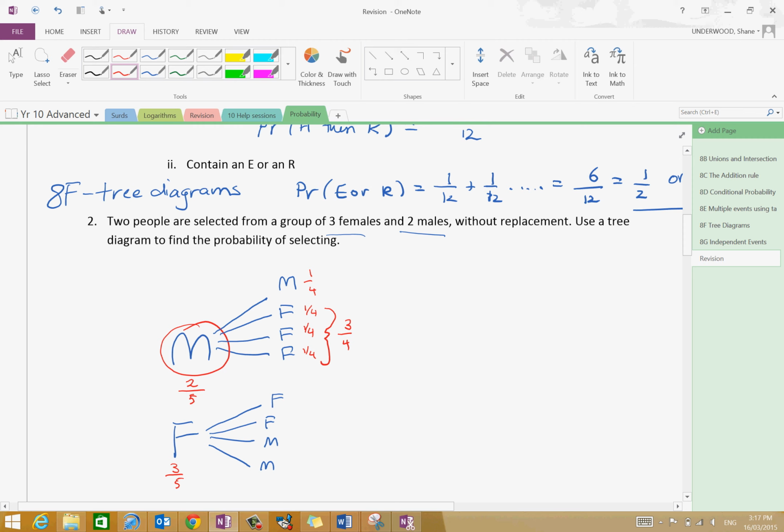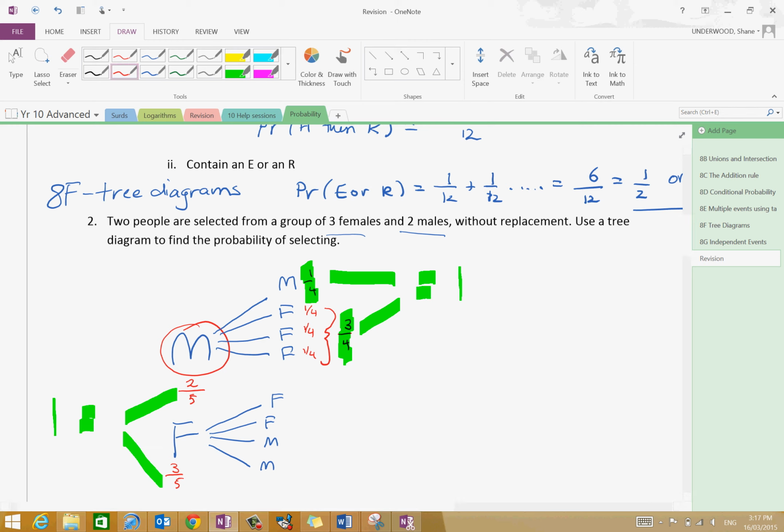Notice that this and this have to equal 1 whole. All right? And also 2/5 and 3/5 have to equal a whole.